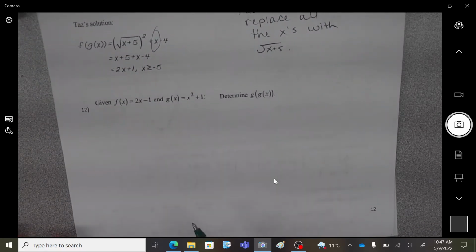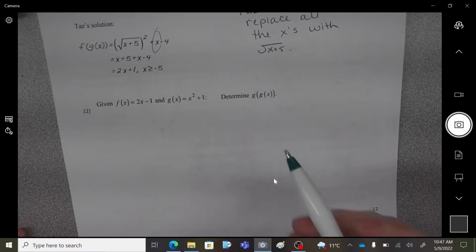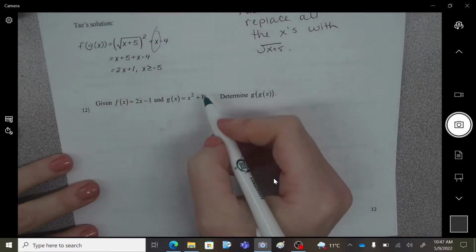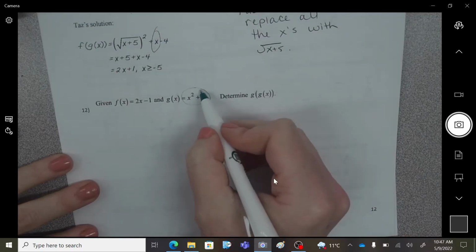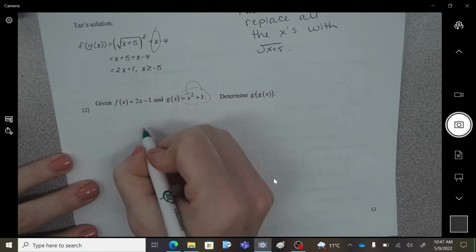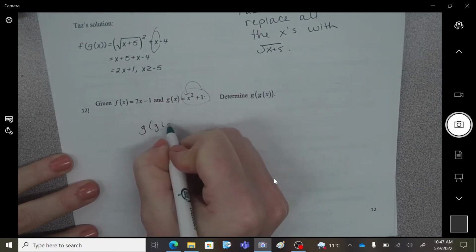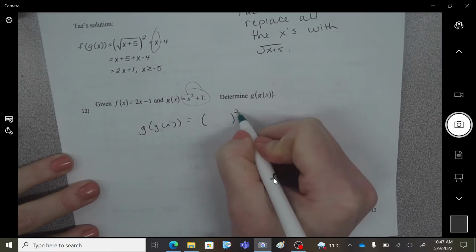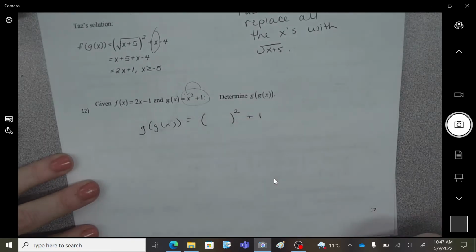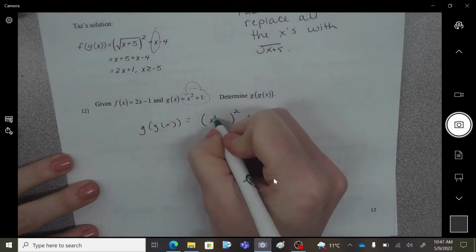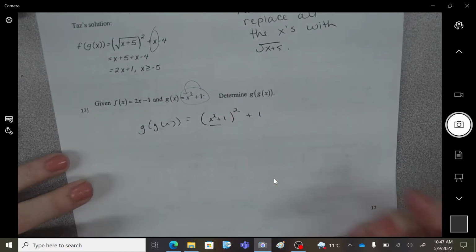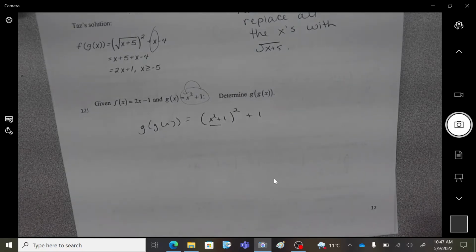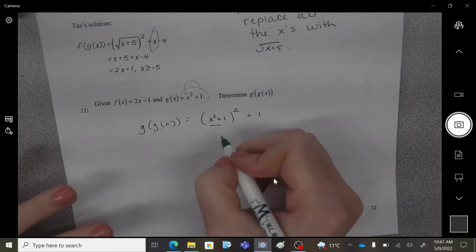Okay, given those two, determine g of x. So we're going to input this into itself. Okay, so the input squared plus 1 is the function, and now the input is that. So the input squared plus 1, and now I'm replacing the input.